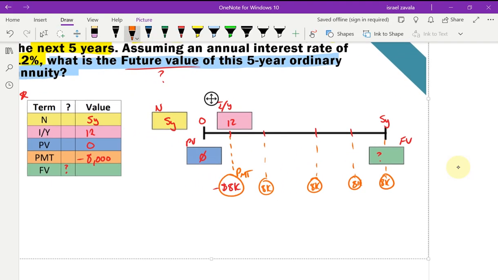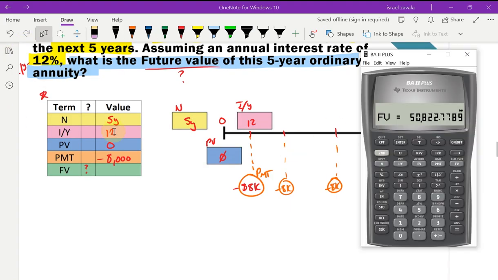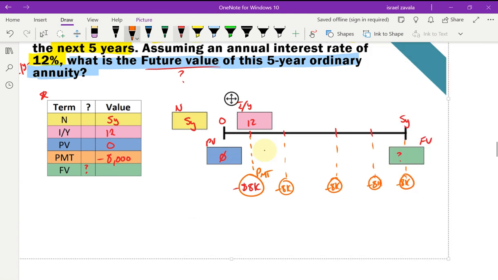Now, one thing I just want to be careful about here. This is negative 8,000. They're all negative, right? That's money that's leaving us every year to be accumulated and invested. So what was that total amount? 58,278. All right, and that's how much we would have for that stream of payments.